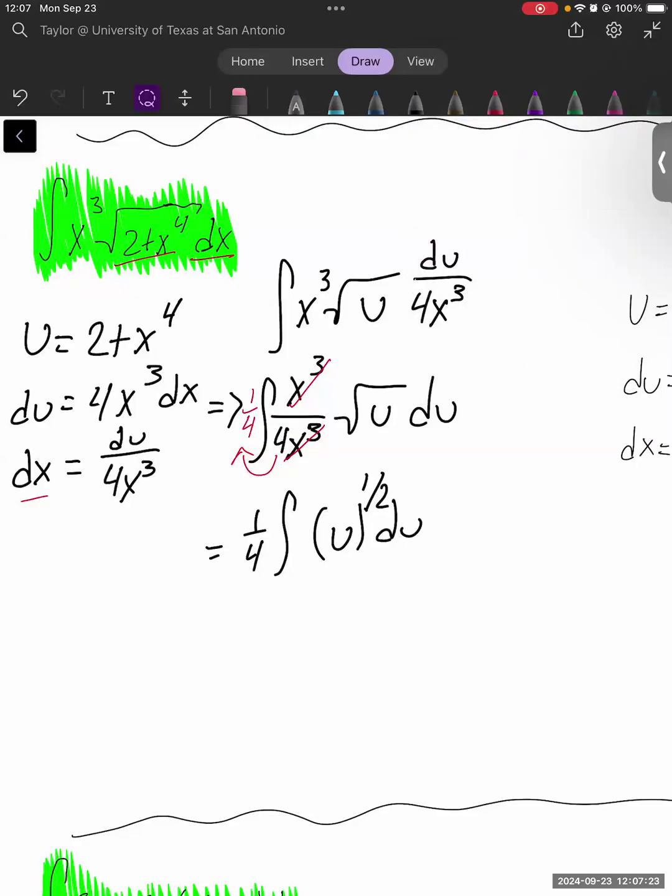And the way we do that, again, I'm gonna add 1 to the power and then divide by this new power, 1/2 plus 1, which gives me 3/2. And then if I bring this fraction out of the denominator, what do I get? 2/3. Perfect.